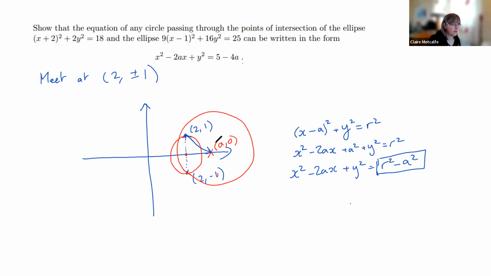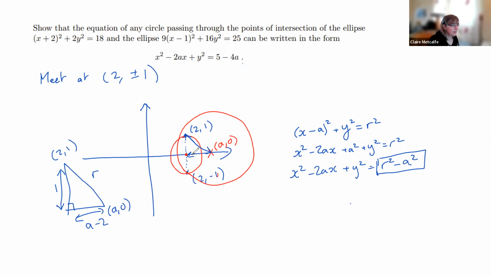So if I draw this out a bit bigger, we have (a, 0) here and (2, 1) here, and this is r. This is supposed to be a right angled triangle, even though it's got a bit bent. This distance here is equal to 1. This distance here is equal to a minus 2.